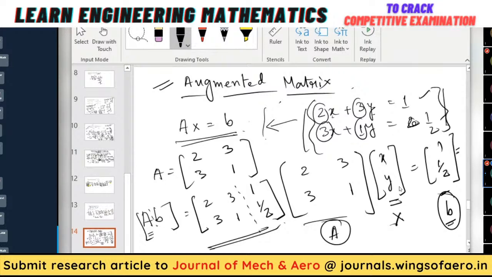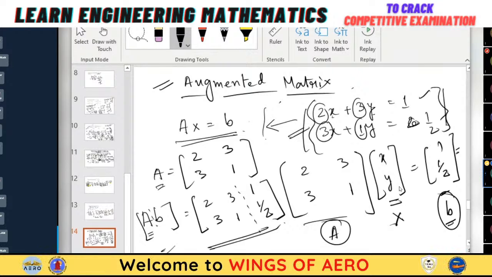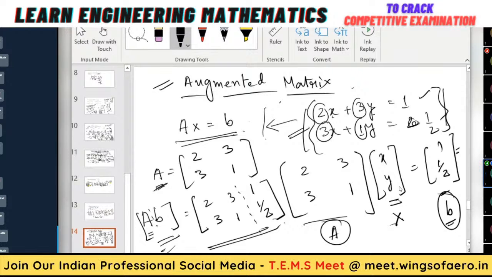This total matrix is called the augmented matrix, and this is a simple A matrix. The system of linear equations has a solution if the rank of this augmented matrix and the rank of this simple matrix are equal. If unequal, then the system is called an inconsistent system.